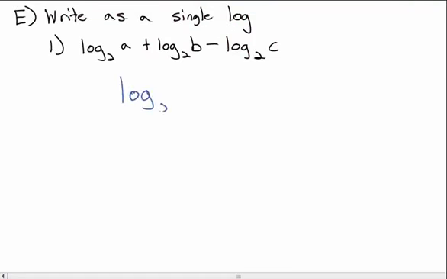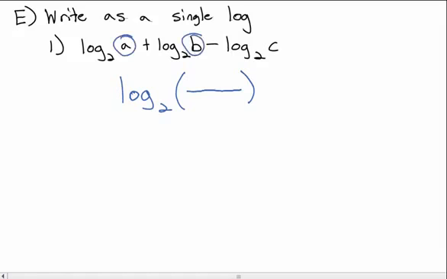They all have to be base 2. Then inside the log, one thing I like to think about is positive logs are positive exponents. They're going to end up in the numerator. Negative logs are negative exponents. They're going to end up in the denominator.